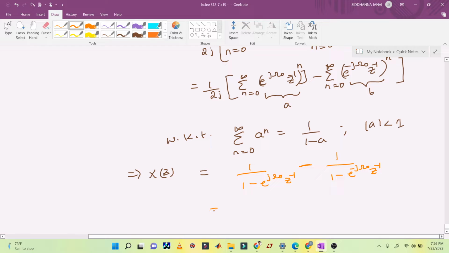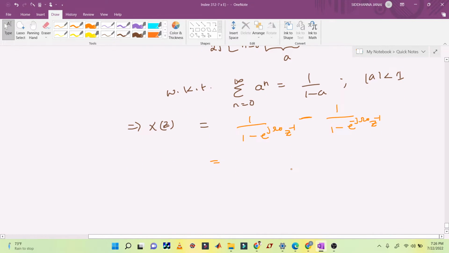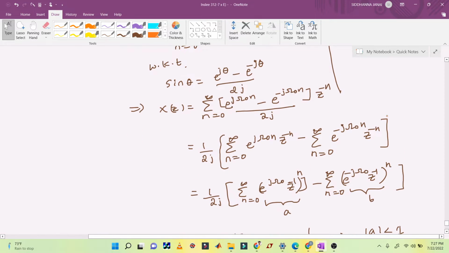Now we have to simplify these two terms. To simplify, first cross multiply. 1 minus e to the power minus j omega naught z inverse minus 1 minus this. I forgot to write 1 by 2j, sorry for that, 1 by 2j.